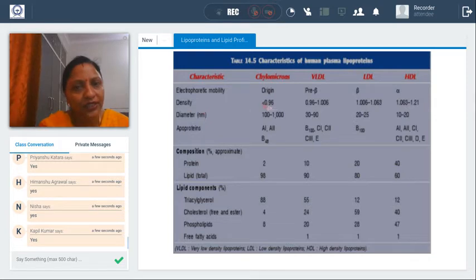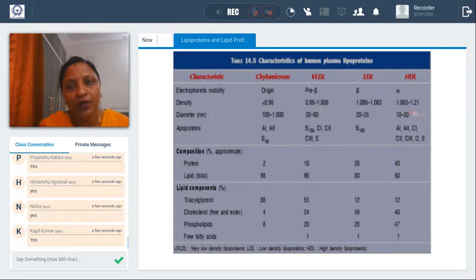Then density: chylomicron lowest density, then VLDL 0.96 to 1.006, LDL 1.006 to 1.063, and HDL 1.063 to 1.21, having highest density. Diameter or size: 100 to 1000, 30 to 90, 25, 20 to 25, and this 10 to 20 is lowest, compact in size.